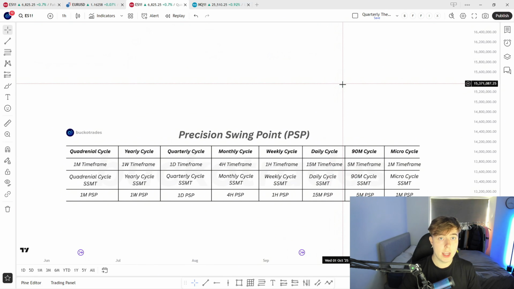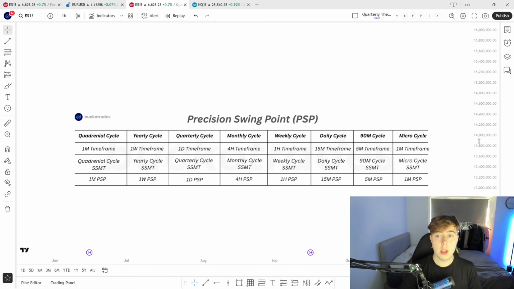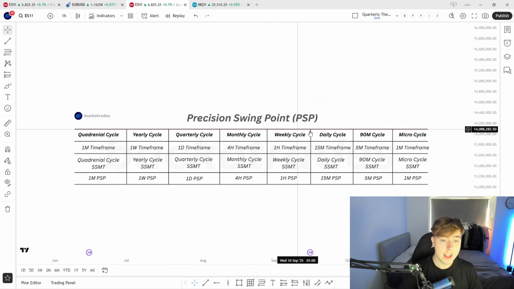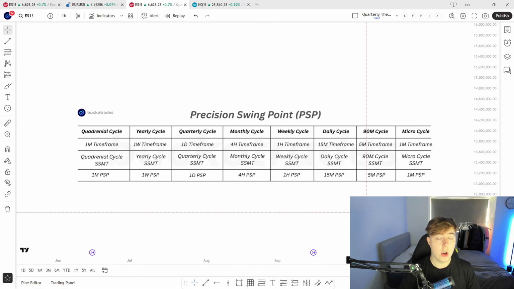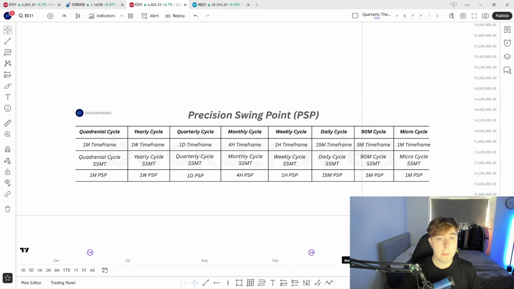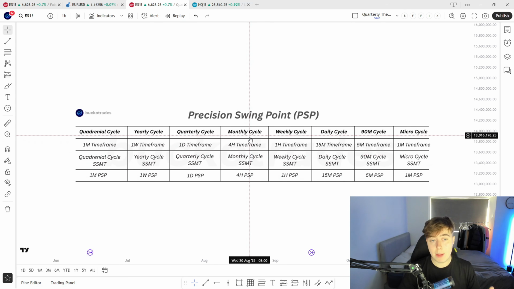So let me go ahead and move this image up slightly. Unlock that, push that higher, and then we can dive into our classic old trusty little example sheet that we've always got on every single video, so you guys know the time frame alignment, okay? So pretty basic, it's everything that you guys should be looking for. Just classic monthly cycle, 4-hour time frame, monthly cycle, sequential SMT, and then the way the PSP comes into play is on the same specific time frame the sequential SMT forms at.